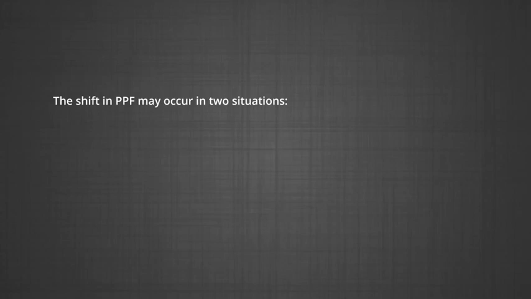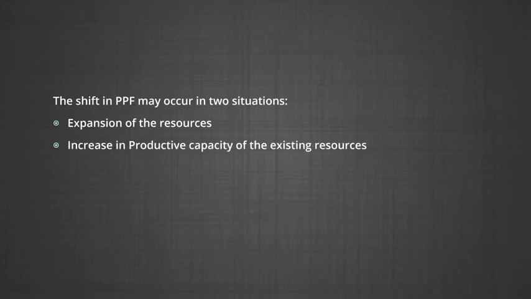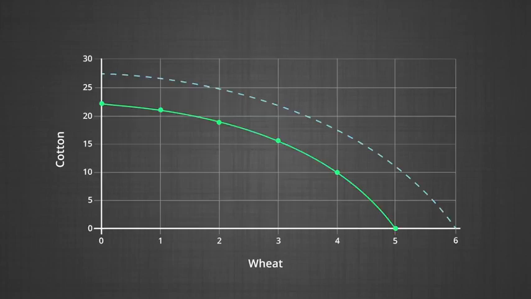The PPF may shift in two situations. One, the expansion of resources, and two, in case of an increase in the productive capacity of the existing resources. When the expansion of resources takes place, there is an increase in the resources.